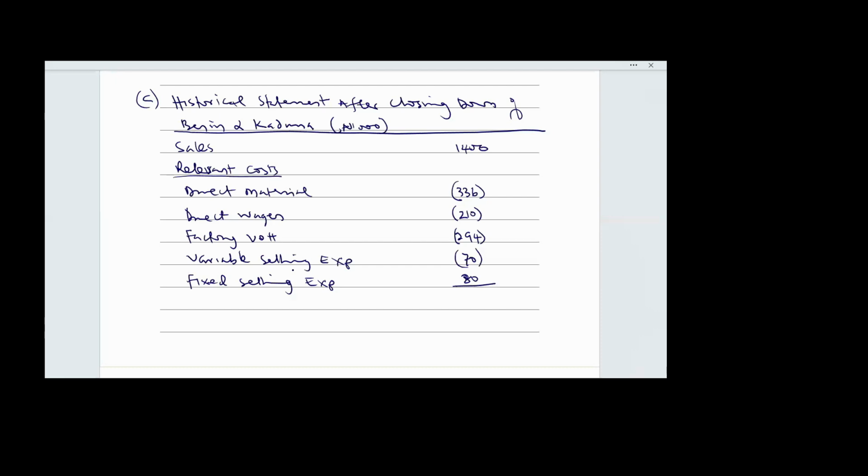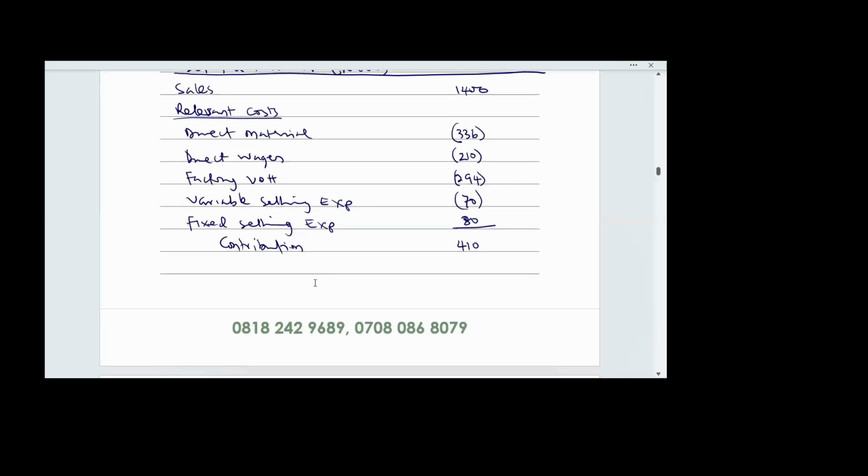Now, the difference is 410. This represents the total contribution margin for Lagos. From the contribution margin for Lagos, you less the factory fixed overhead of 400,000, because since it is only Lagos that is now operating, Lagos will bear the entire factory overhead, which is the net profit is now 10,000.